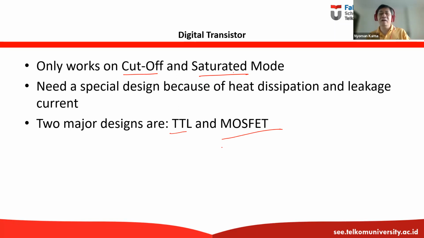So TTL and MOSFET are specially designed transistors that will work perfectly in the digital world. But we cannot use TTL and MOSFET for an amplifier. That's when we use the BJT, bipolar junction transistor.